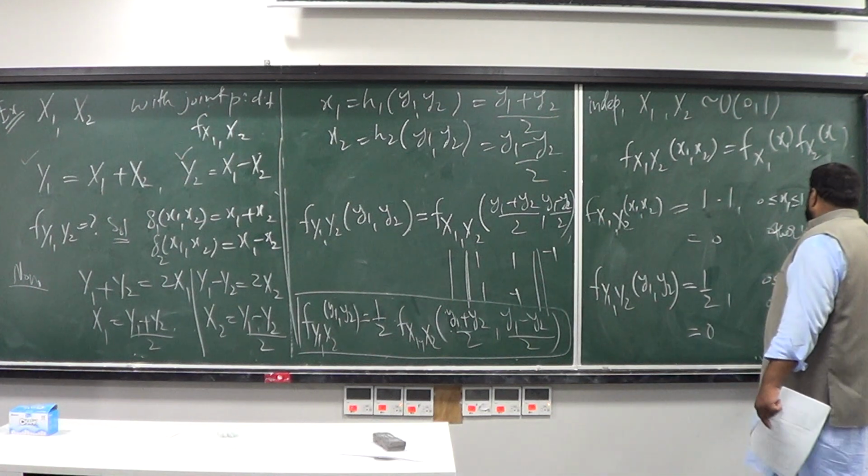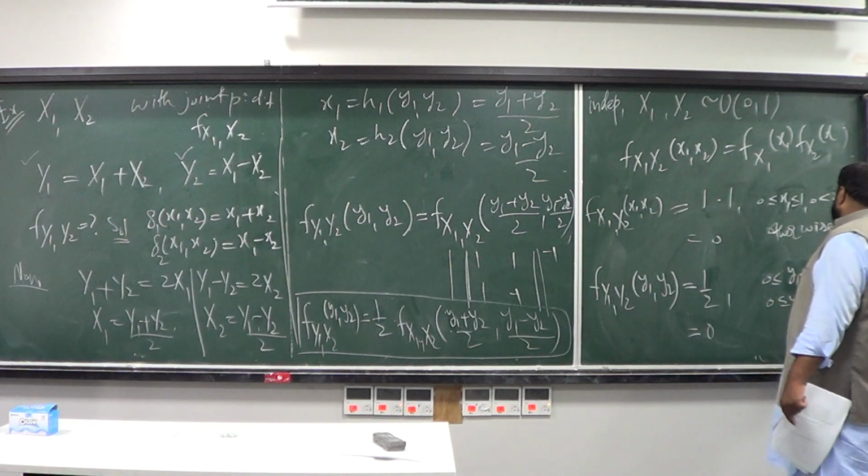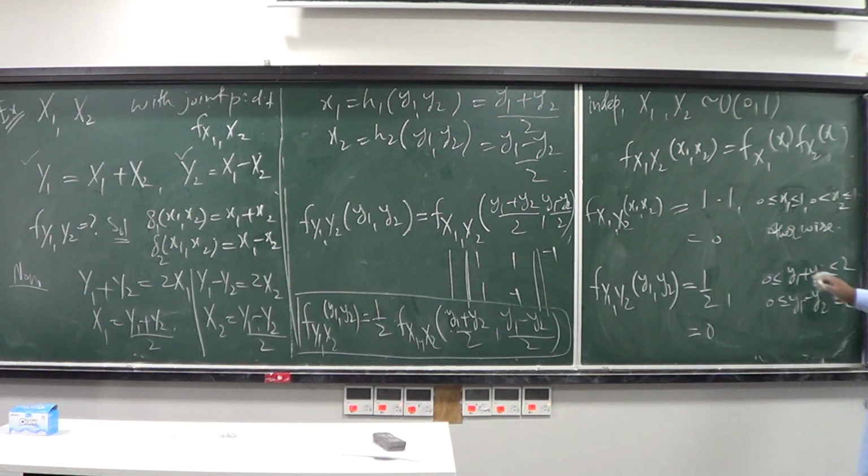And here y1 minus y2 is between 2 actually. So this is the joint PDF of two independent uniformly distributed random variables when y1 is the sum of both and y2 is the difference of both actually.